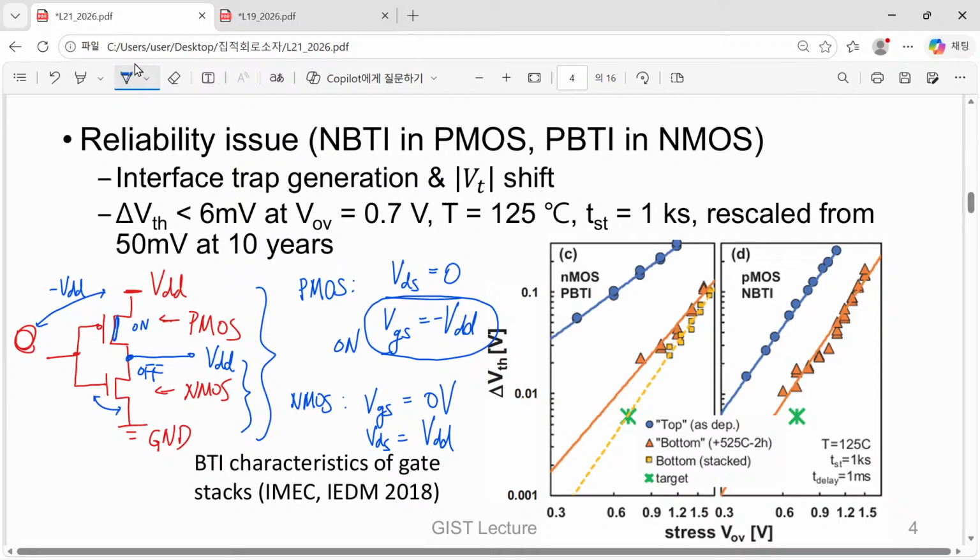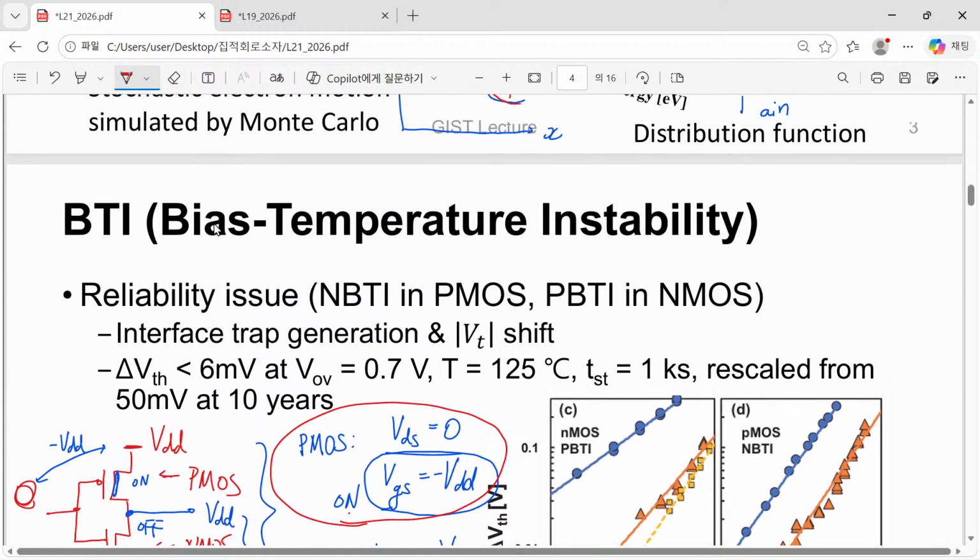It is well known that a highly turned-on P MOSFET corresponds to the B of BTI. This corresponds to the B of BTI. We apply high voltage to our P MOSFET.